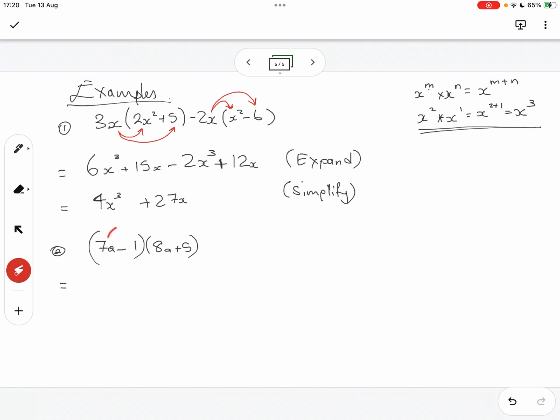Again, here we can use FOIL as we know it. So we'll start with 7a times 8a. How much do you think that is? 56a squared.